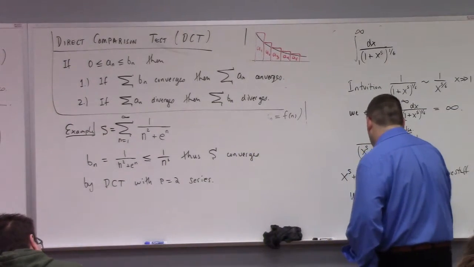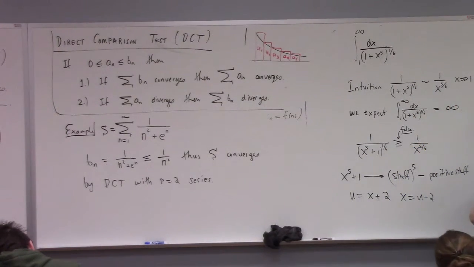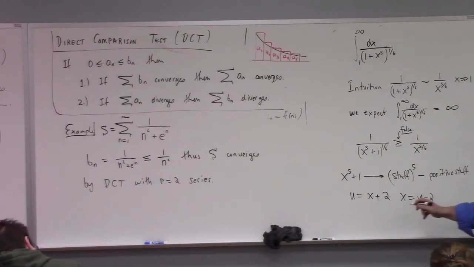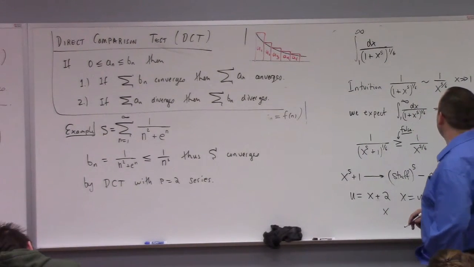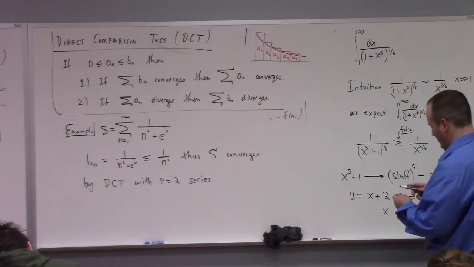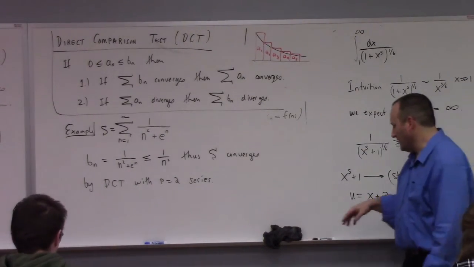If we did u equals x plus 2, then x is equal to u minus 2, right? So then x to the 5th is what? Well, anyway, there's no hope of me finishing this at the moment. I'm sorry, I'm over time, but this is an idea that might help with that. I think that's a hard problem.